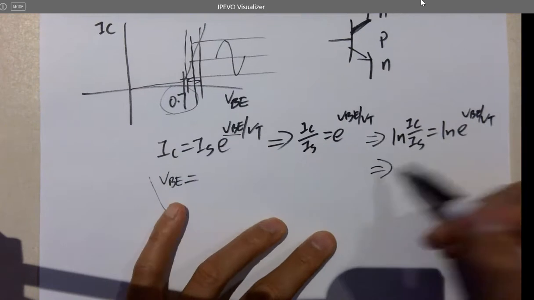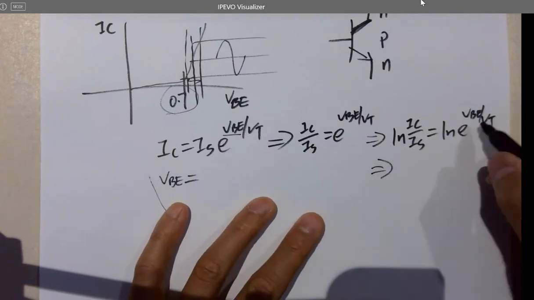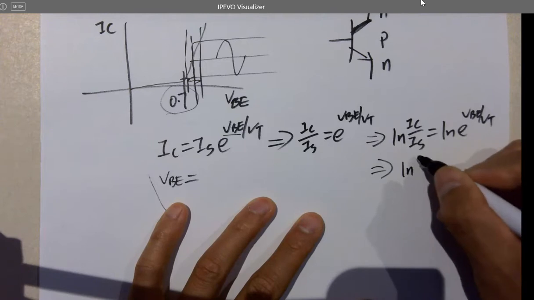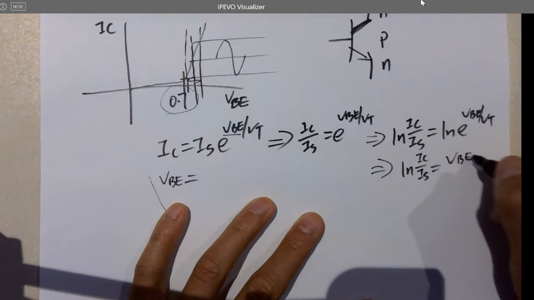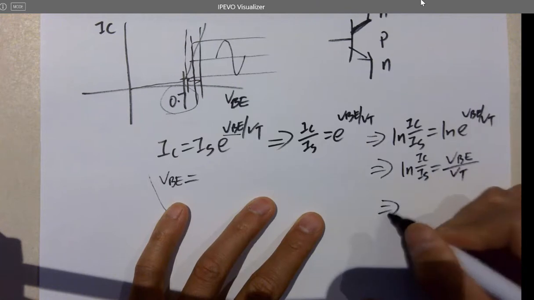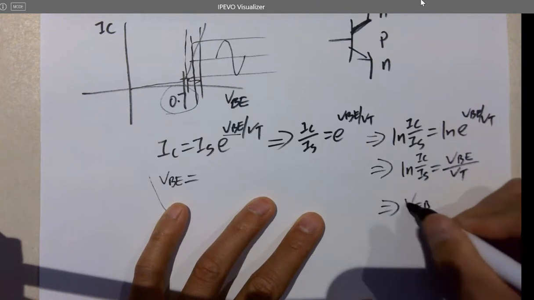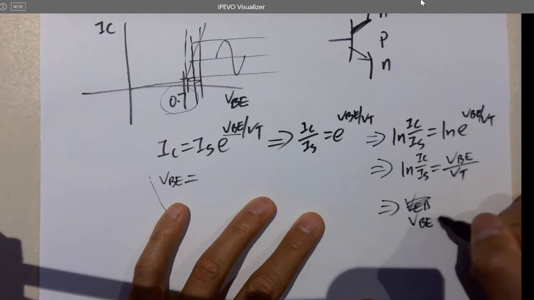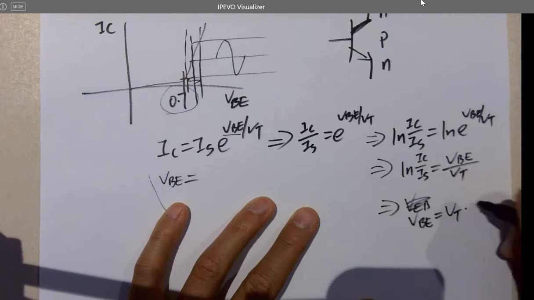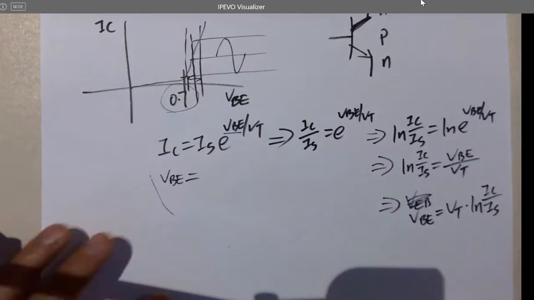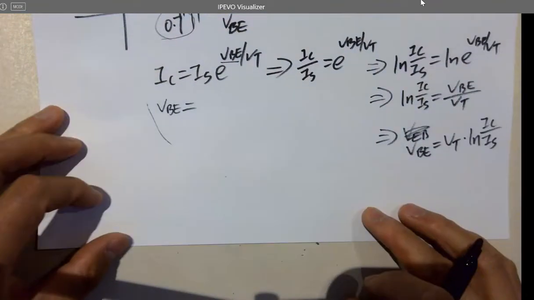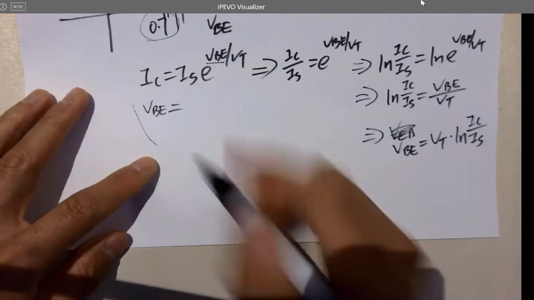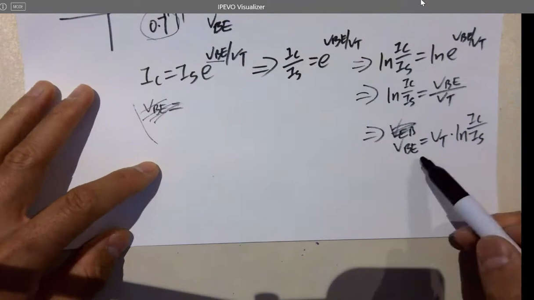And then this becomes VBE equals VT times the natural log of IC over IS. So that's VBE, right? So we're getting VBE from here.